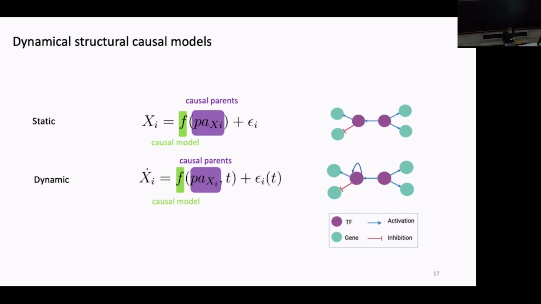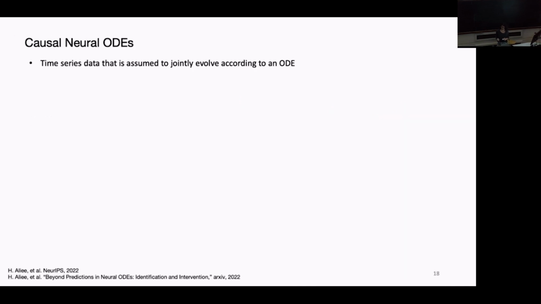Okay, everything looks great. The first assumption here is that we should assume that the gene expressions jointly evolve according to an ordinary differential equation, which is not a very bad assumption. A lot of previous work had already assumed that the gene expressions can be assumed to follow these. So we stick to that.